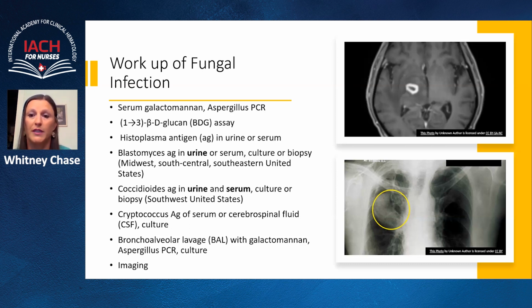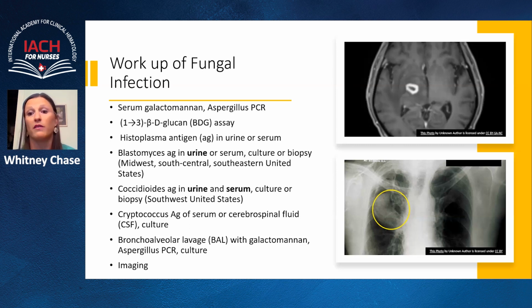Similarly, coccidioides is prevalent in the Southwest United States, and it's recommended to test urine and serum antigen for that one. As with blastomyces and coccidioides, the serum and urine testing isn't felt to be particularly sensitive, but can help point to infection with one of those organisms.